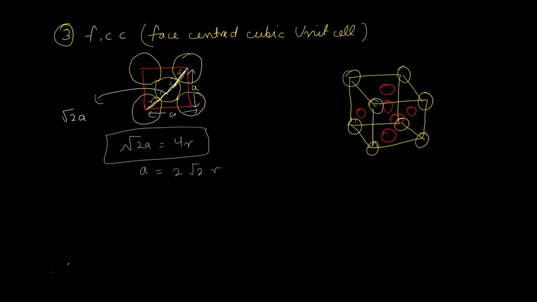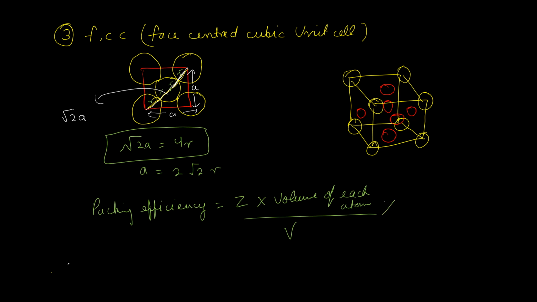Right? Now packing efficiency. Packing efficiency is the number of atoms contributed into volume of each atom into 100 upon volume of unit cell. Now again, how many atoms will be contributed in this case?